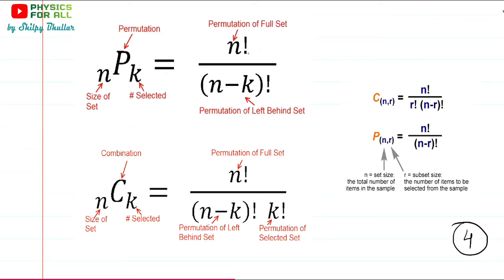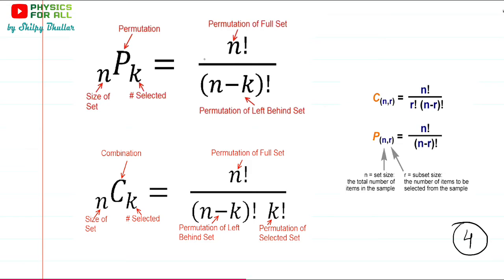This is n factorial. Now you know what factorial is. It is the product of the descending natural numbers. If you have 5, then it would be the product of 5 into 4 into 3 into 2 into 1, till we obtain the last value, which is 0 factorial, whose value we use to be 1.